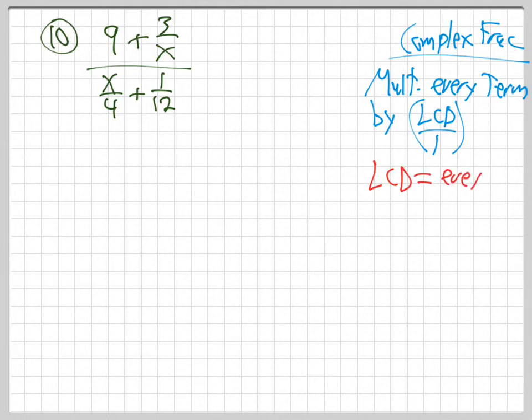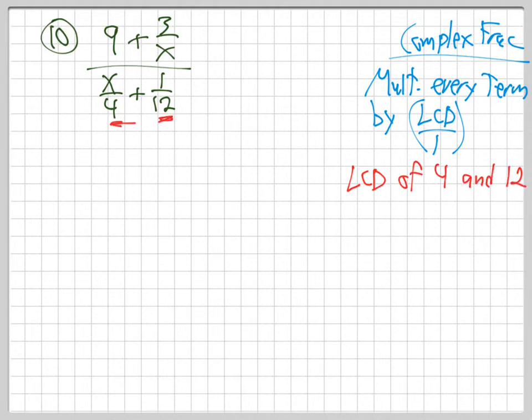Oh wait, it's not that simple. Yes, it's not. It just isn't easy. I'm trying to make it easier, but it's not. LCD, first off, 4 and 12. Look at the 4 and look at the 12.